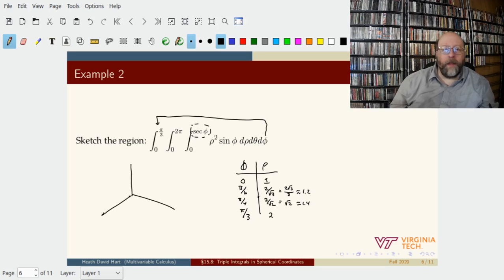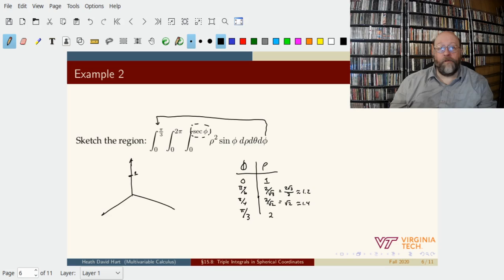When phi is equal to 0, which is straight up in the z direction, phi is the angle from the positive z-axis, we go out a radius of 1 unit from the origin.